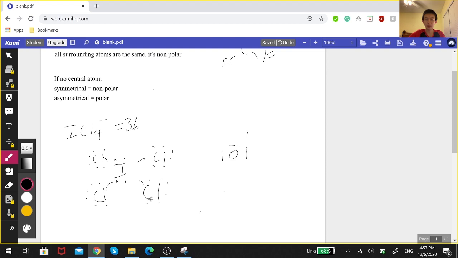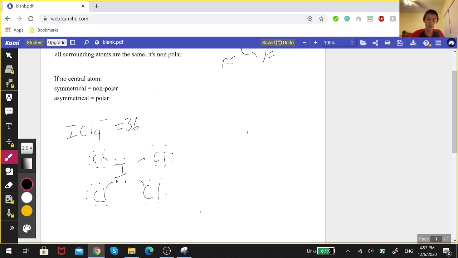You can do this except when you're dealing with Cl, because it makes it seem like you're writing Cll, and sometimes it gets confusing. So for Cl, it's best to keep it as dots, but for everything else, you can feel free to change the dots into lines. Two dots form one line, but do not do that on lone pairs. Lone pairs need to be dots.